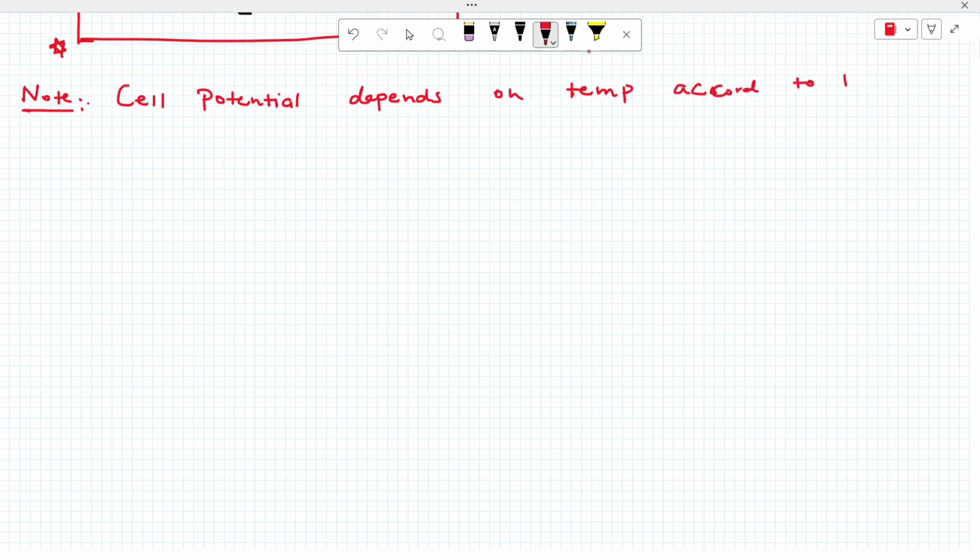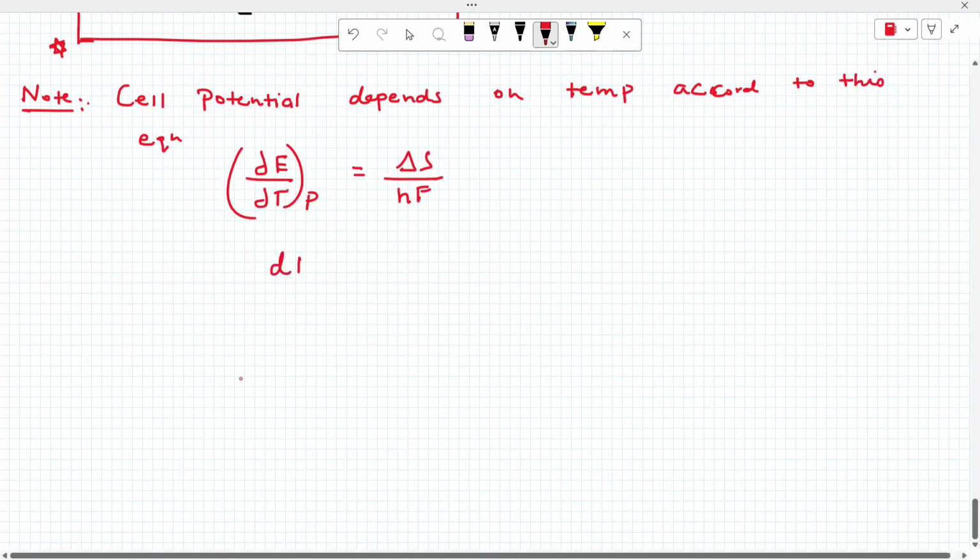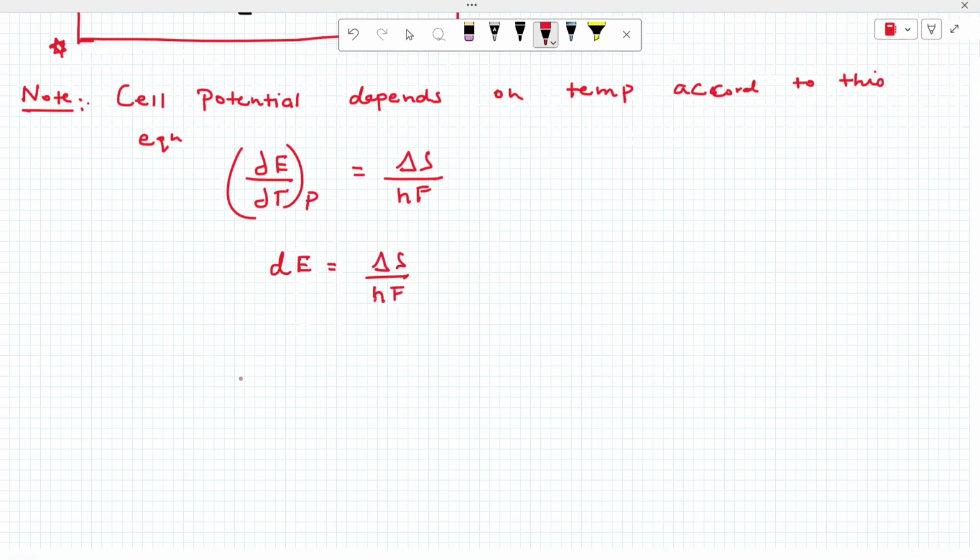The equation is dou E by dou T at constant pressure equal to delta S by nF. This is the equation. Yes or no? Now see, therefore dE is equal to delta S by nF into dT. இதான் formula.